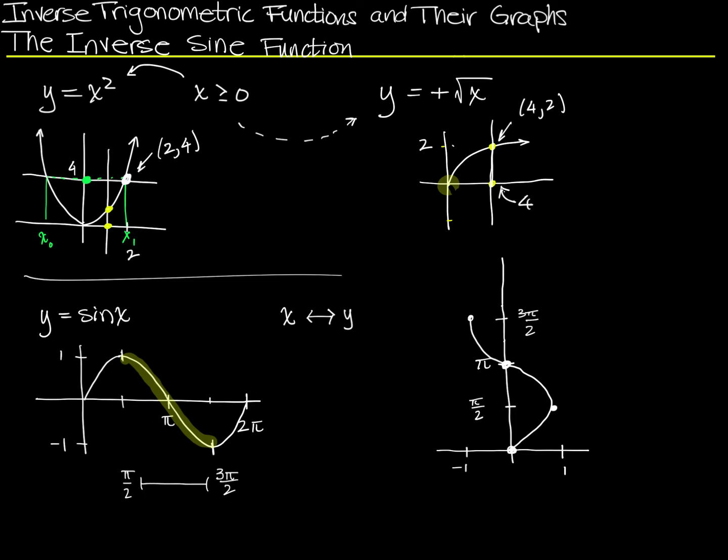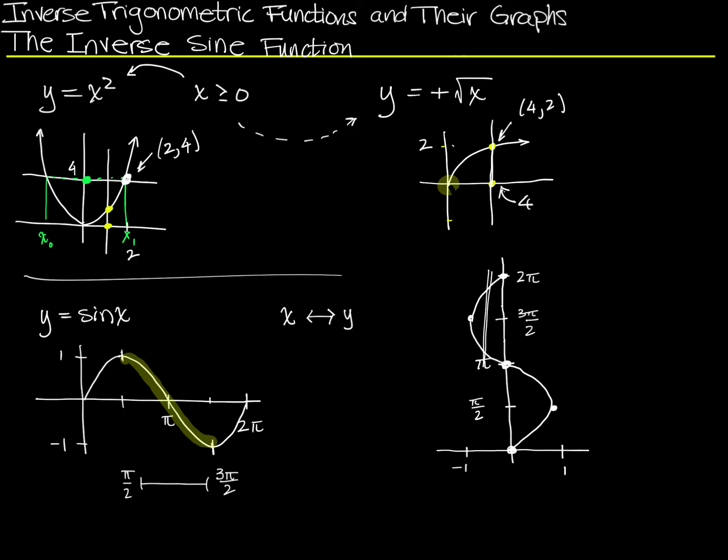So I'm going to plot that as 0, 2 pi. And that's there. And I'll finish my curve. Now that's not the nicest sine curve or inverse sine curve that I've ever drawn, but it'll do. It makes the point. And the point is that it's going to fail the vertical line test. So as it is, this is not a function.